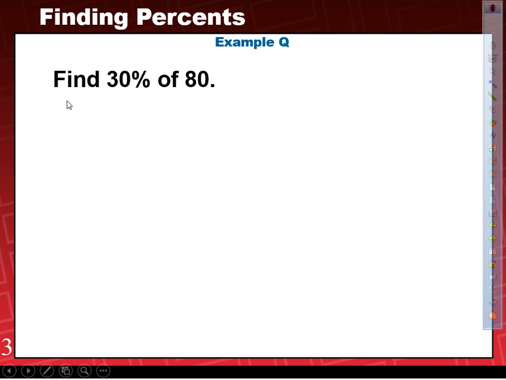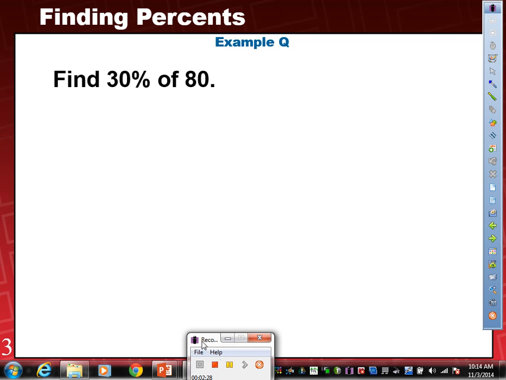Example Q says, find 30% of 80. Copy that down, please.